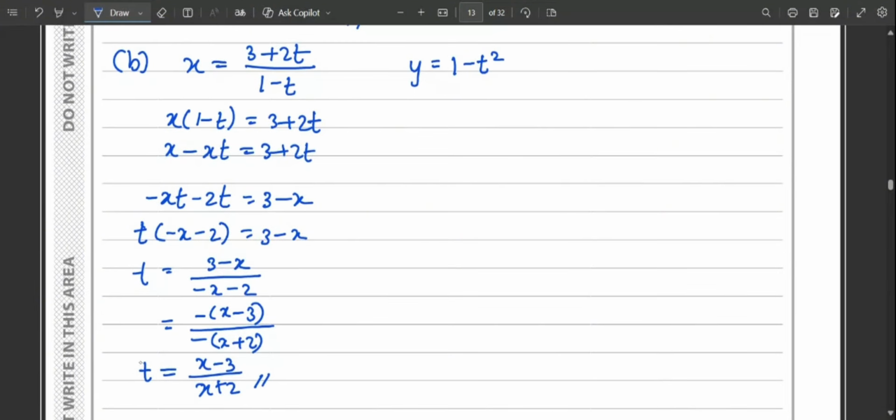I can use this expression for t, and I can substitute it into our equation for y. And this will relate our y and x terms directly without the use of t.